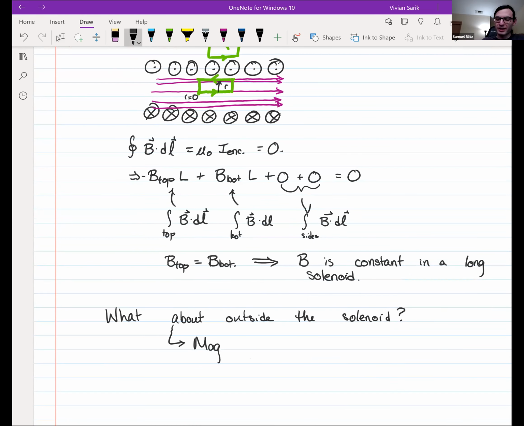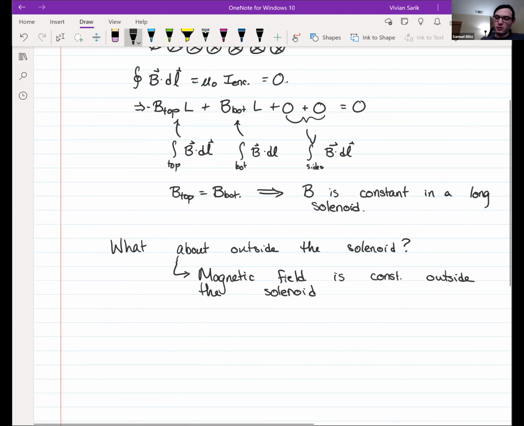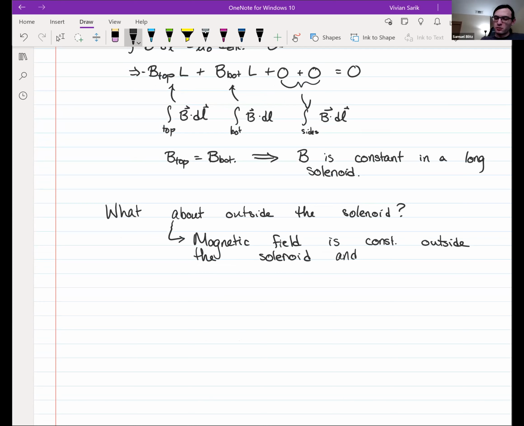And because the magnetic field is constant outside the solenoid, and we would like that the magnetic field is 0 infinitely far away, that means that the magnetic field is 0 everywhere outside the solenoid.